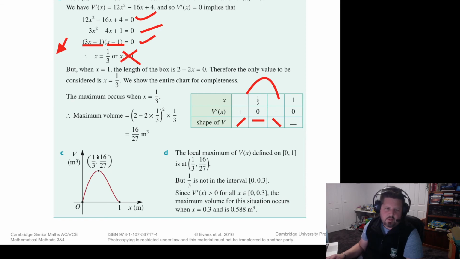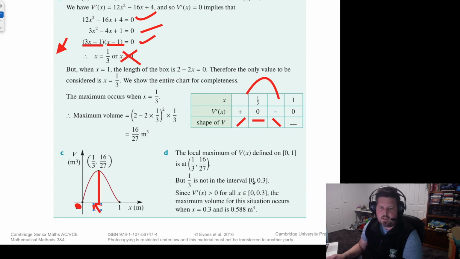But if we think about this, when x equals 1/3, imagine I've drawn a nice straight line there. That maximum value isn't in the interval between 0 and 0.3. Imagine I've drawn 0.3 there. 1/3 is just past 0.3. It's like 0.3333. So they're actually looking for the value just before that. Maybe I can draw an arrow.